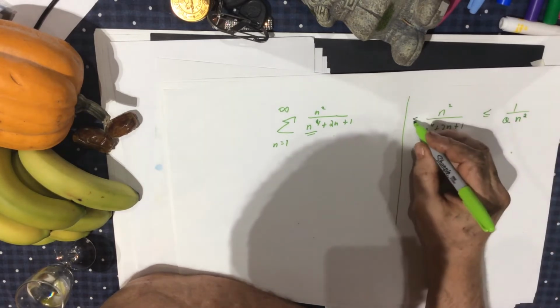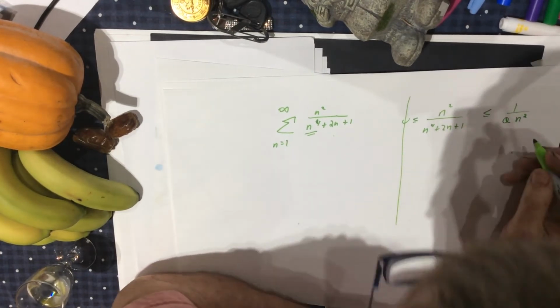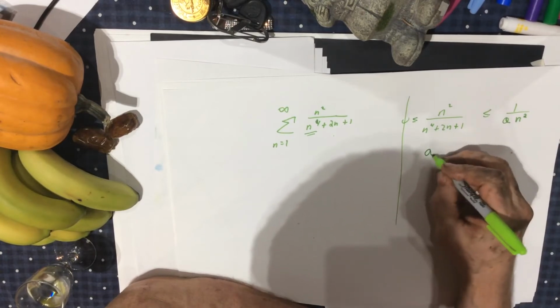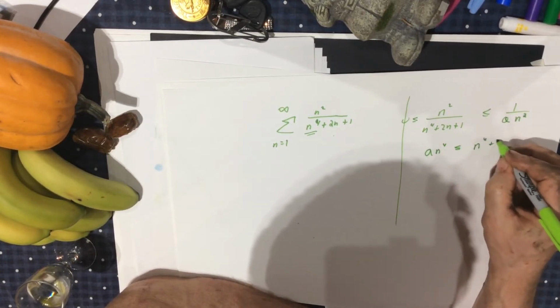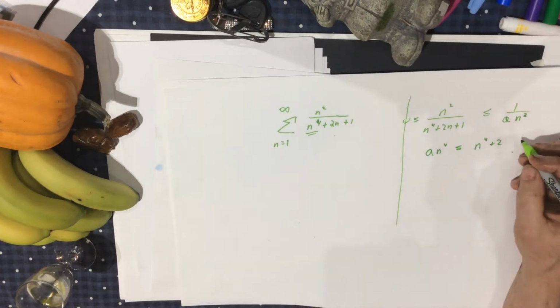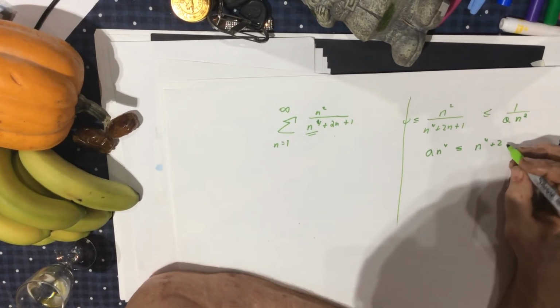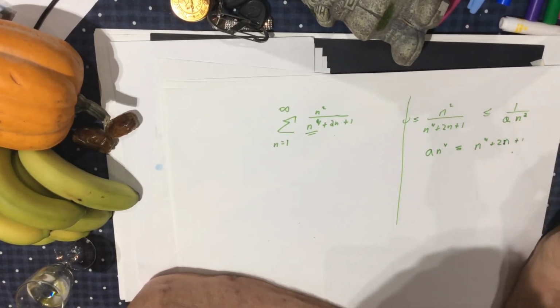Now, these are positive, so now let's cross multiply, or multiply both sides by a n squared and then multiply both sides by n to the fourth plus 2n plus 1. But I'll get a n to the fourth less than or equal to n to the fourth plus 2n plus 1.